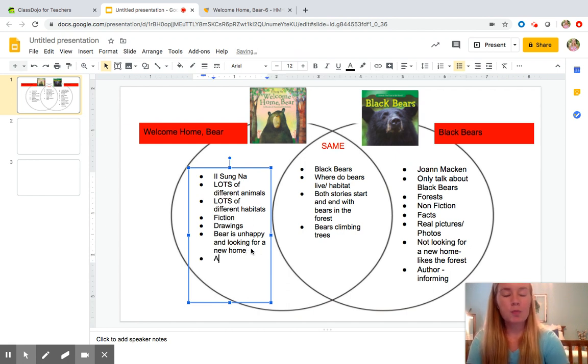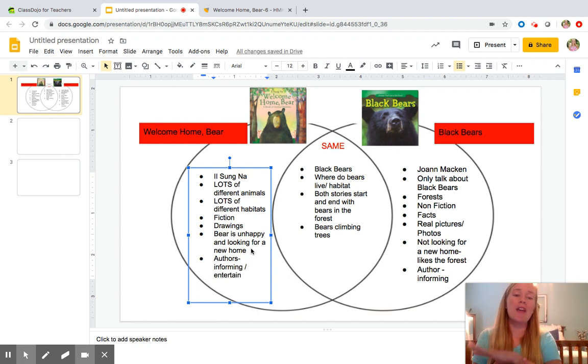What is the author's purpose? I think there's two purposes here. The author is teaching us, right? So informing, but the author is also telling us a funny story about a bear who goes looking for a new home. And does that normally happen? No. So the author's purpose here is also to entertain.